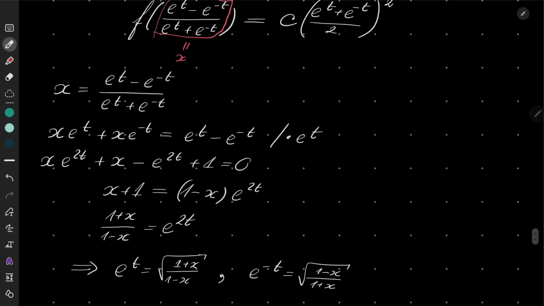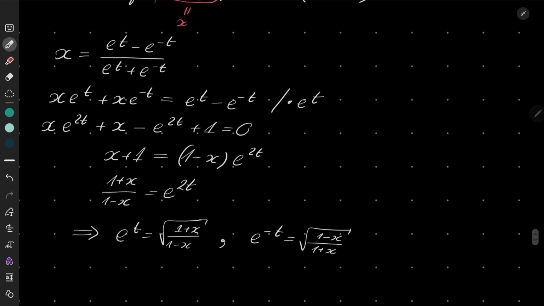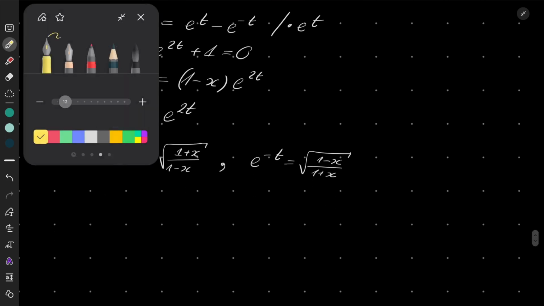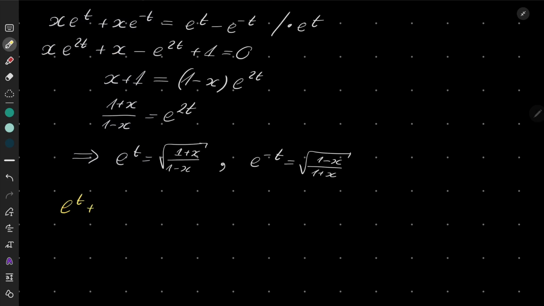So I can express e to the power of t plus e to the power of minus t. In this way, it's 1 plus x, 1 minus x, plus square root of 1 minus x over 1 plus x.